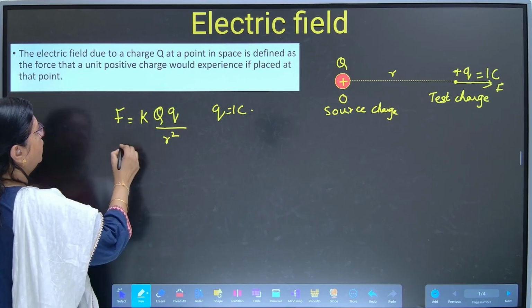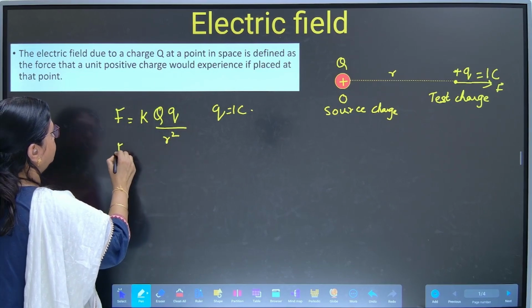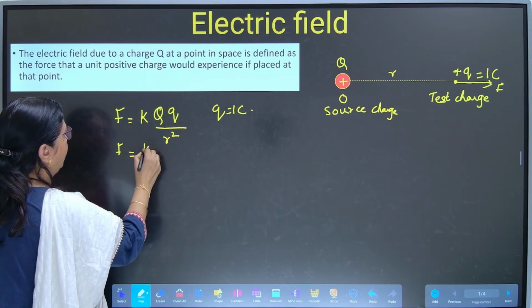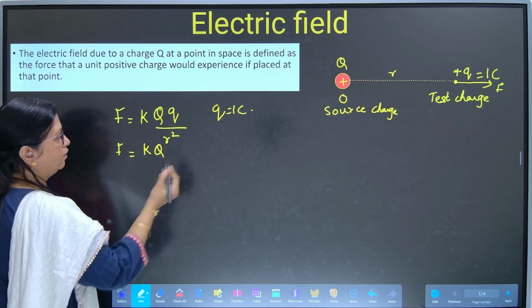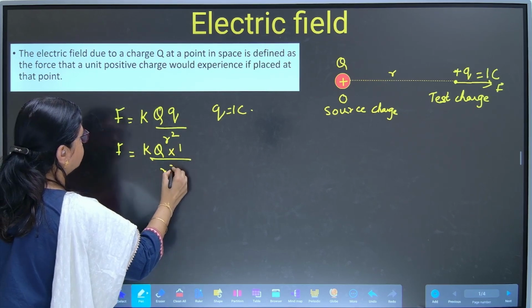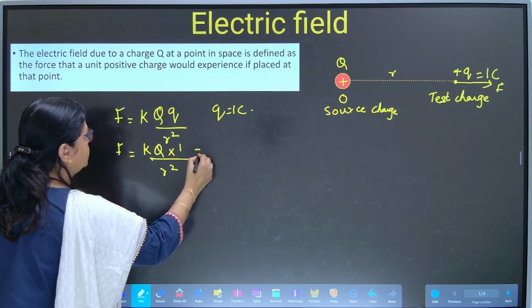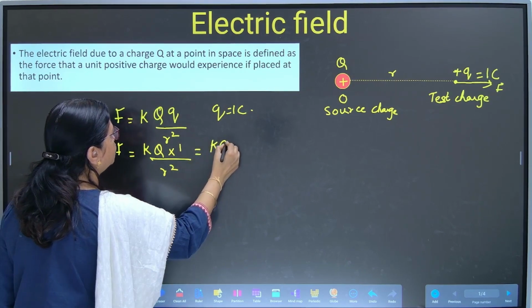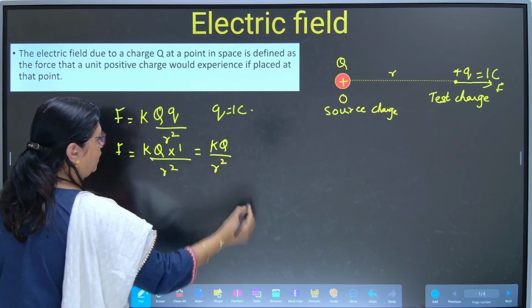Correct? So let us substitute the value. F is equal to K, Q we don't know, into 1 divided by R square. So what is this? K Q by R square.